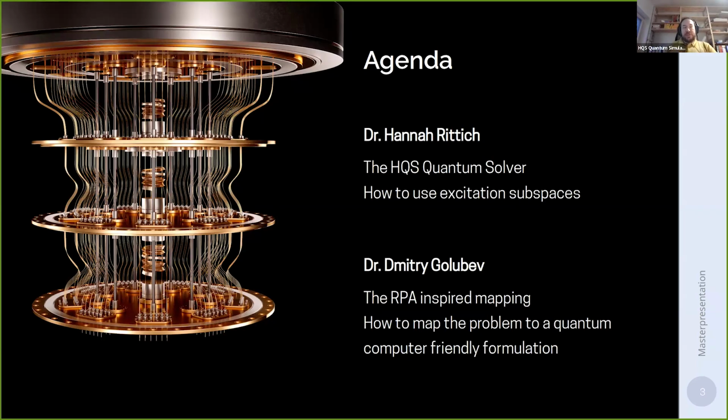We can use some tricks to make this feasible even on classical computers, although simulating large systems on classical computers is hard. What we can use for that is our quantum solver. My colleague Hannah will give you an introduction to it and show you how we can use our quantum solver, using the fact that we only have few excitations in this mapped system, to get a comparison solution.